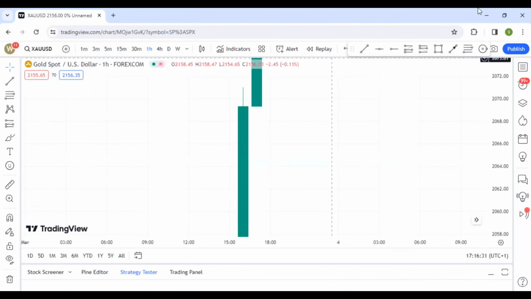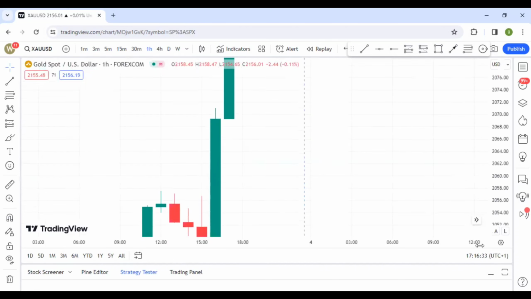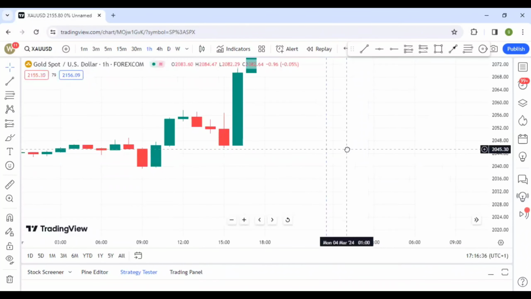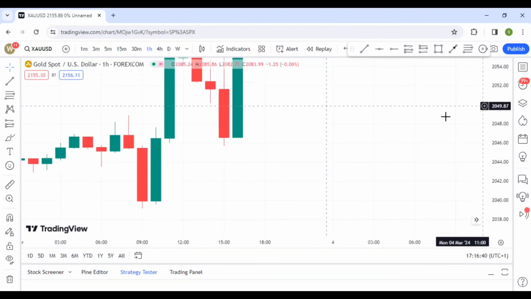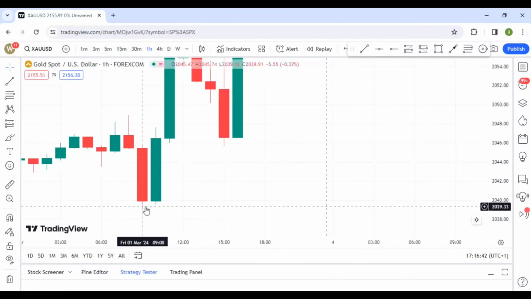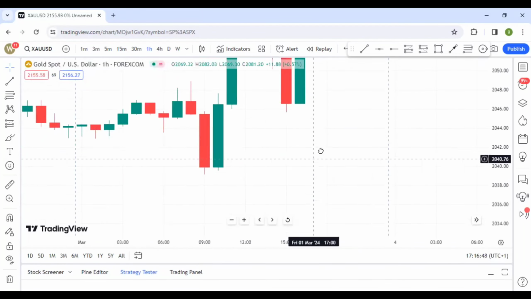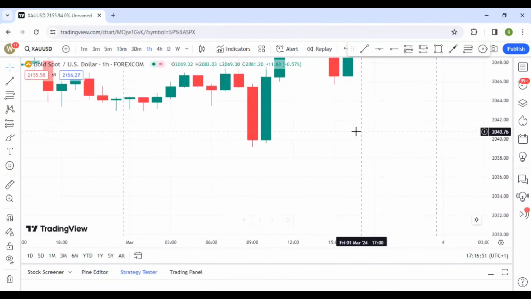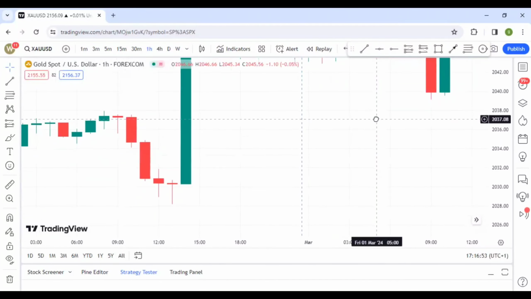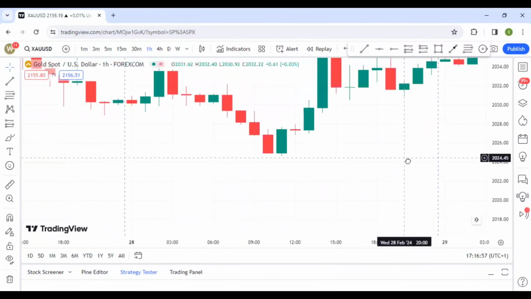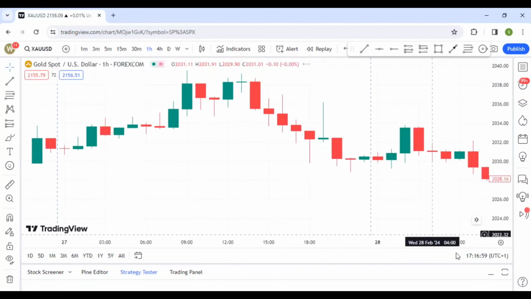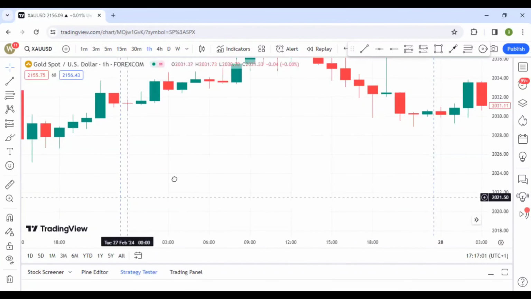I think we can use this one, but the lows are not the same. Let me keep looking for it.